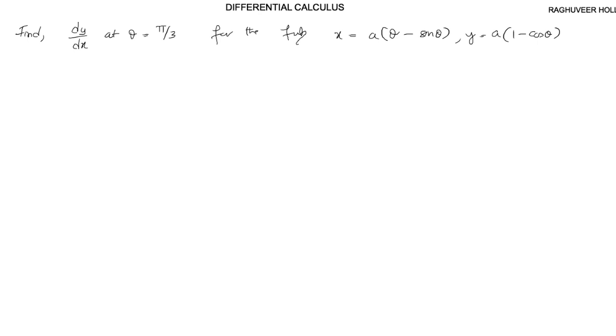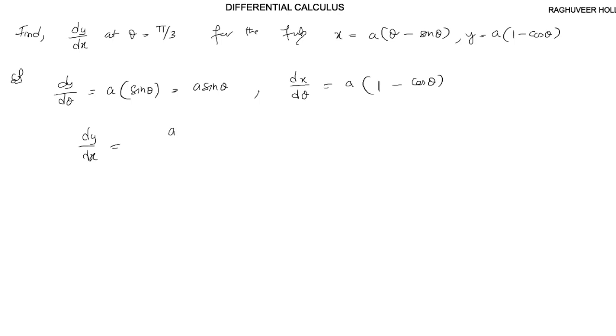Here theta is the parameter, so let us first find dy by d theta. That is a multiplied by the derivative of 1 minus cos theta, the constant is 0 and the derivative of cos is sine, so it is a sin theta. And dx by d theta is a(1 minus cos theta).